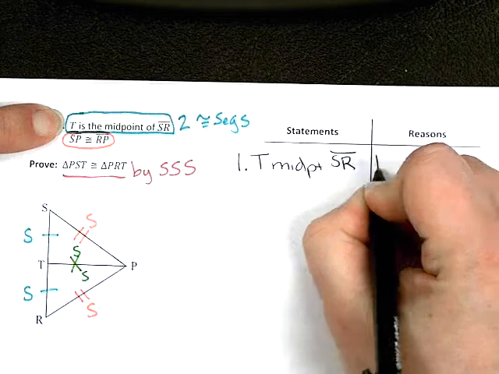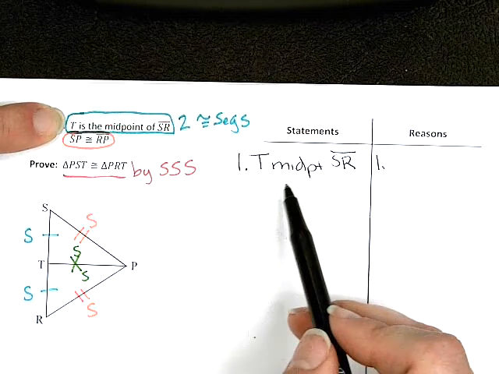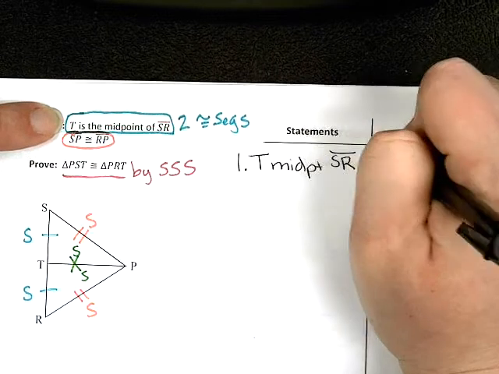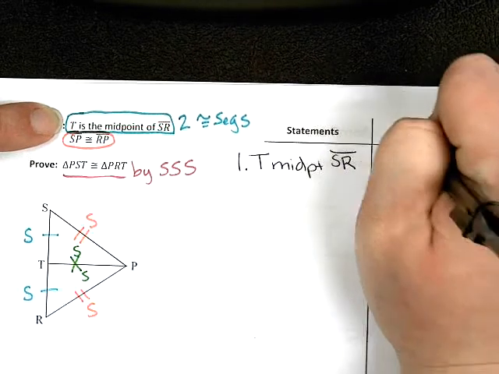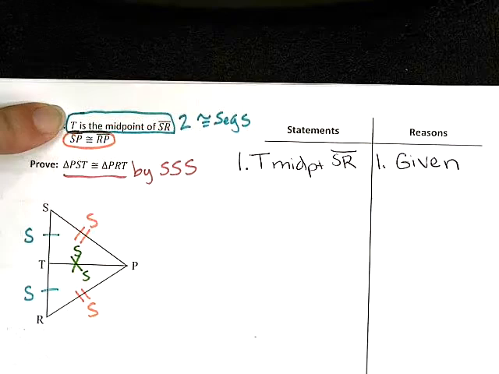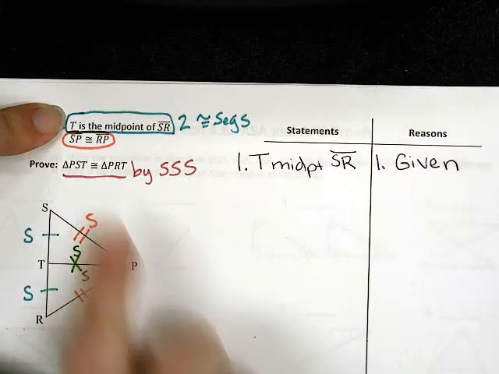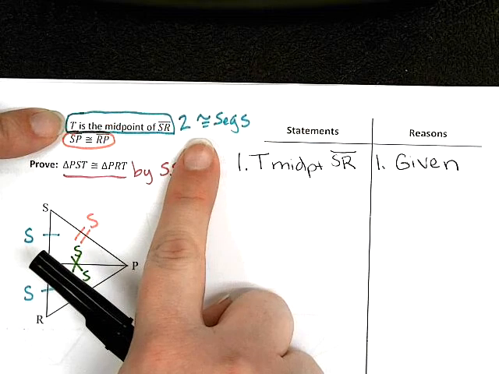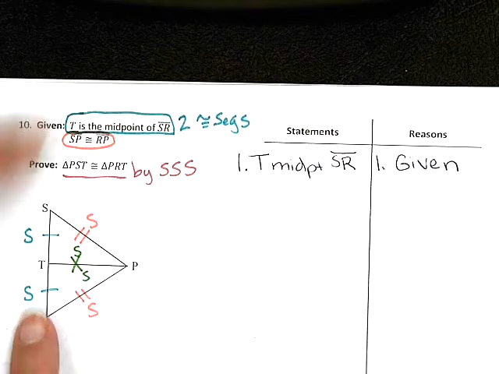Notice that I abbreviated that a little bit, right? I literally just put T, mid PT, segment SR. That's totally okay. As long as I know what it is you're getting at, I'm good with you abbreviating. But pause for a second, because we said that being a midpoint gives us 2 congruent segments, right? So what did we mark in the diagram?